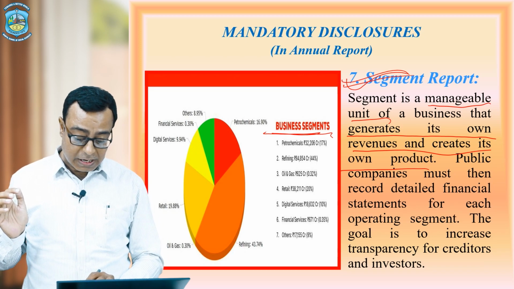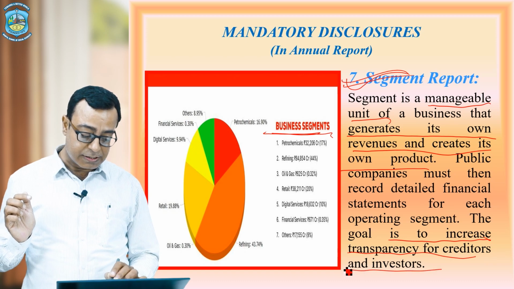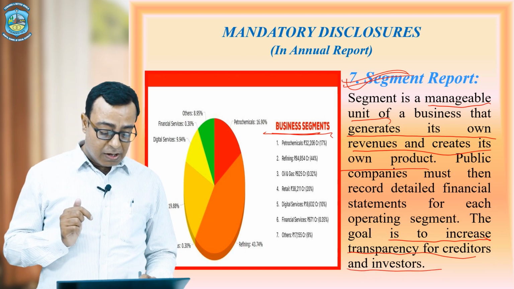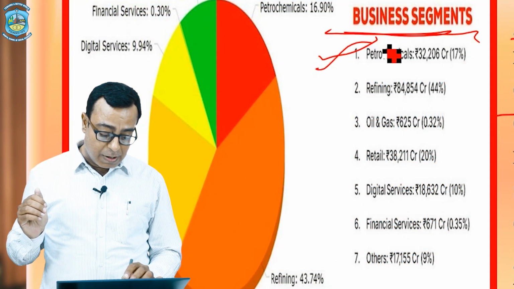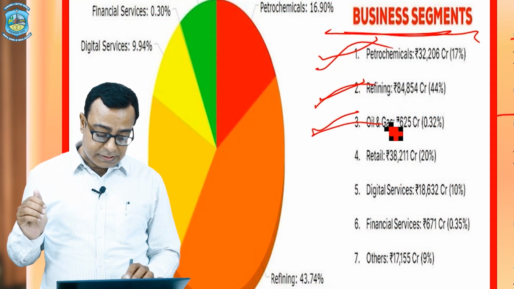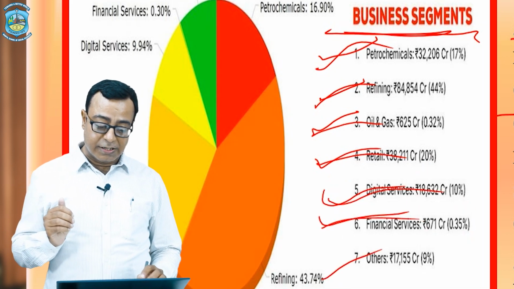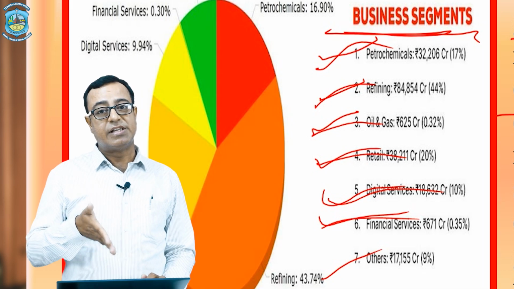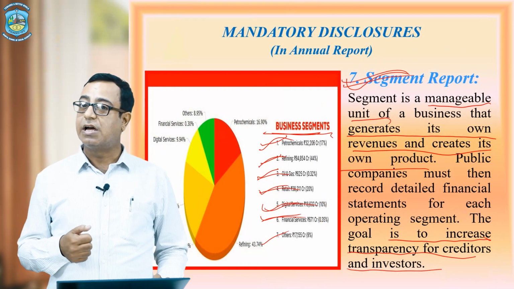This segment reporting is to increase transparency for creditors and investors of the company. A company can divide segments like this: petrochemical, refining, oil and gas, retail, digital services, financial services and others. All these are known as segments, and information regarding these segments is known as segment reporting.